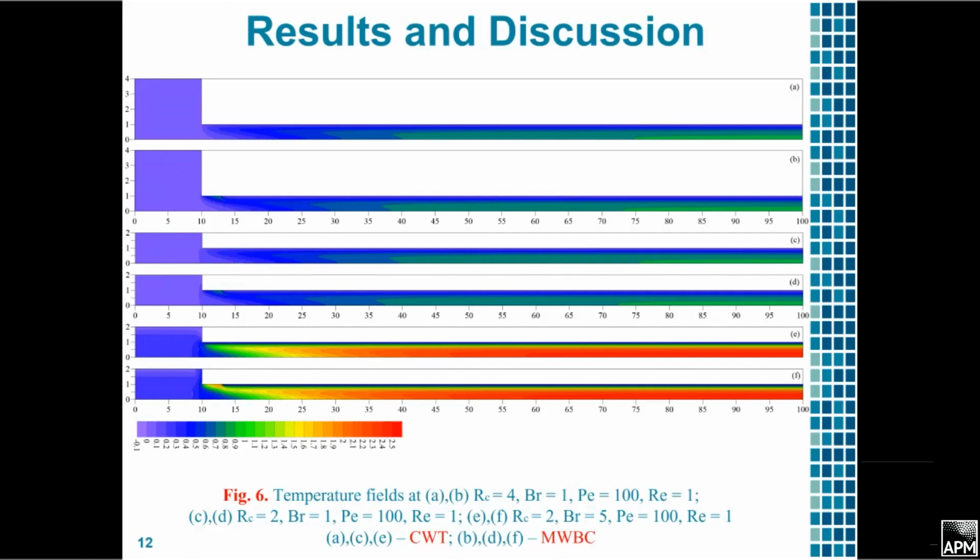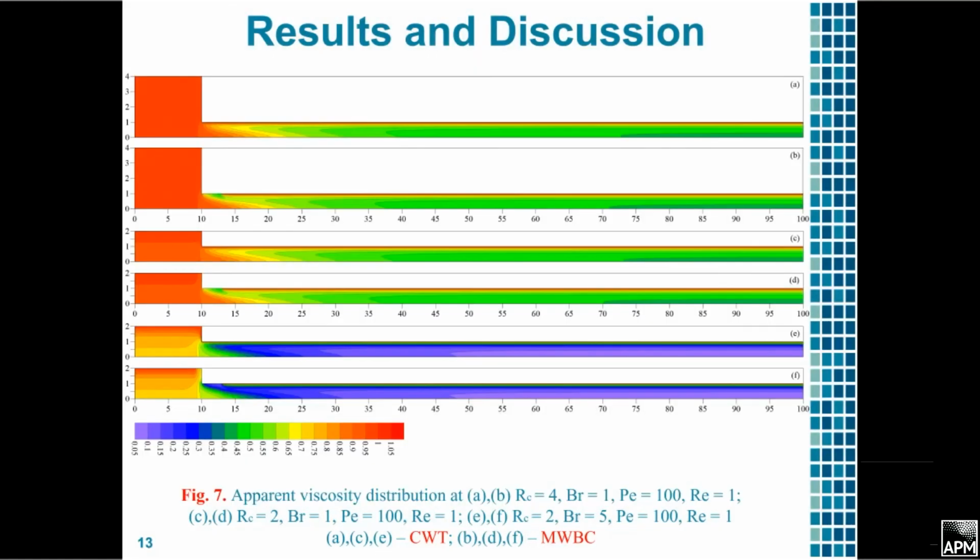And if we vary Brinkmann number, I would emphasize your attention on the variation of Brinkmann number. If it is increased, we can notice a significant heating up in the downstream pipe. That's because of the viscous dissipation. And again, distributions of the apparent viscosity.